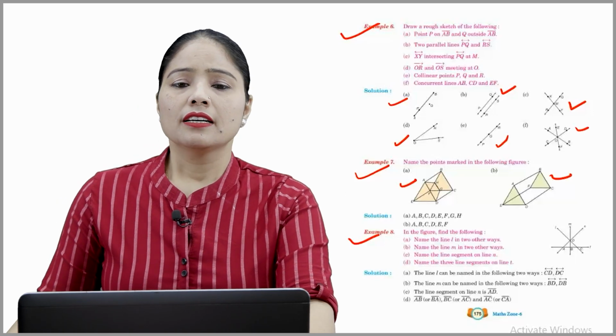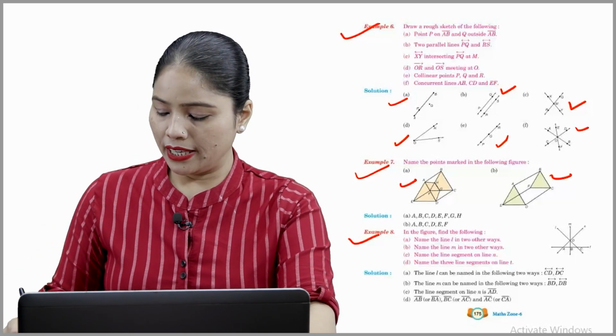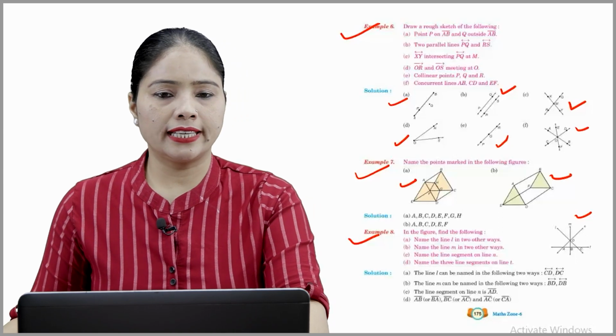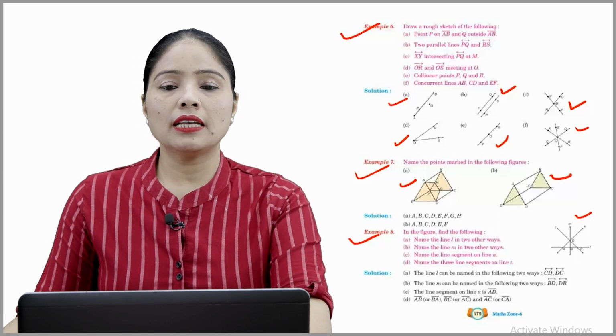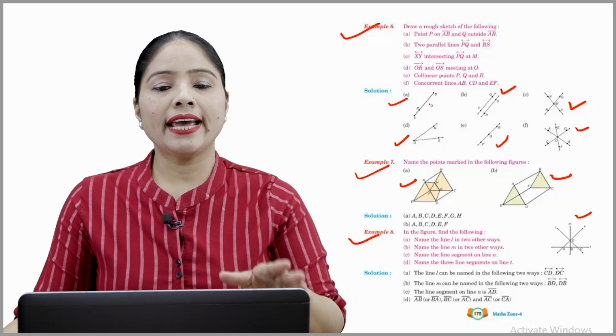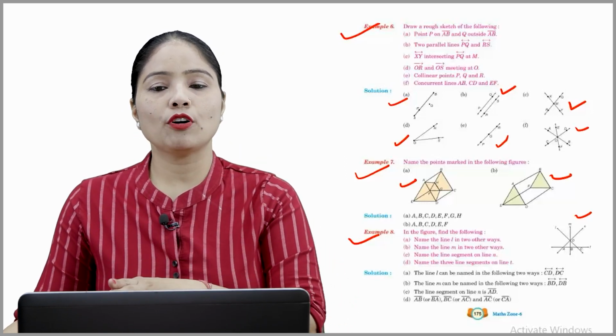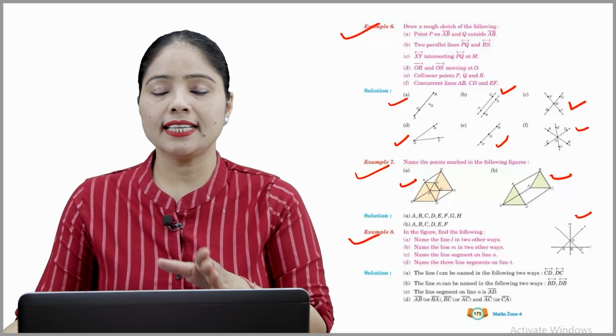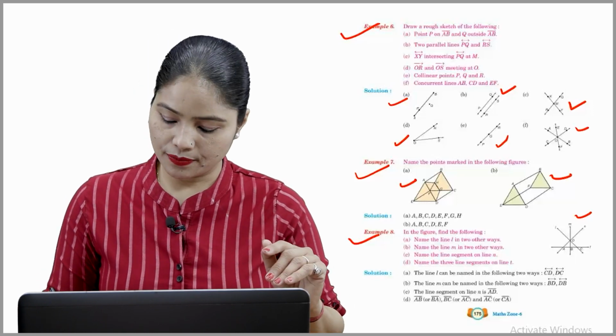Now example number 8. In the figure find the following. Now look at this figure carefully and see the answers. First one is name the line L in two other ways. So the line L can be named in the following two ways: CD and DC, like this.